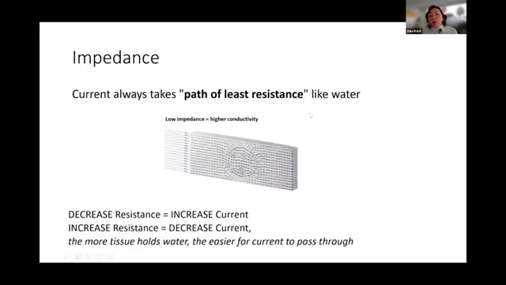We just mentioned impedance, and I told you to think of impedance to electrical current as water. Current always takes the path of least resistance, just like water, like Niagara Falls, for example. The water will be drawn to low impedance.